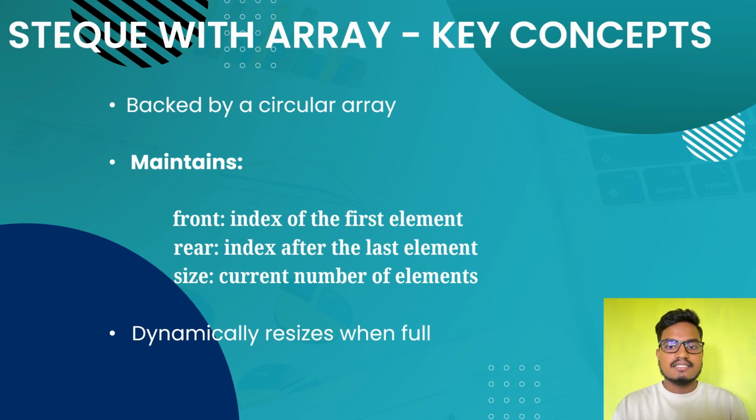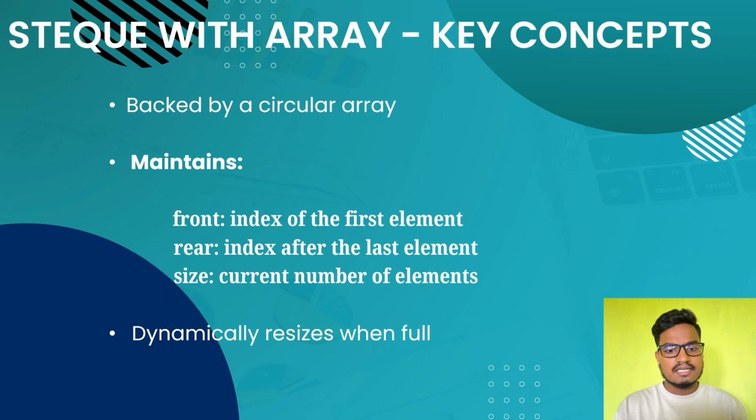Internal design, circular array. Now let's talk about how we implement the stick in Java. We will use a circular array to make it fast and efficient. We keep track of front, rear, and size. Front is the index of the first element, rear is the index after the last element, and size is how many elements are currently stored.